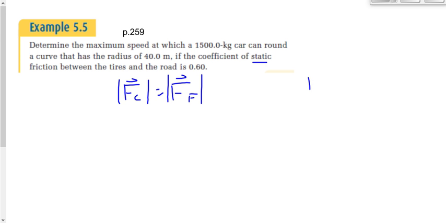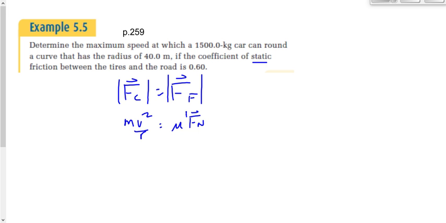Sometimes I'm just going to set Fc equal to mv squared over r because I don't know what's causing it, or I don't care what's causing it. Sometimes, as in this question, we're going to set them equal to each other, which I can always do if I know something about both of those. mv squared over r equals mu times the normal force.